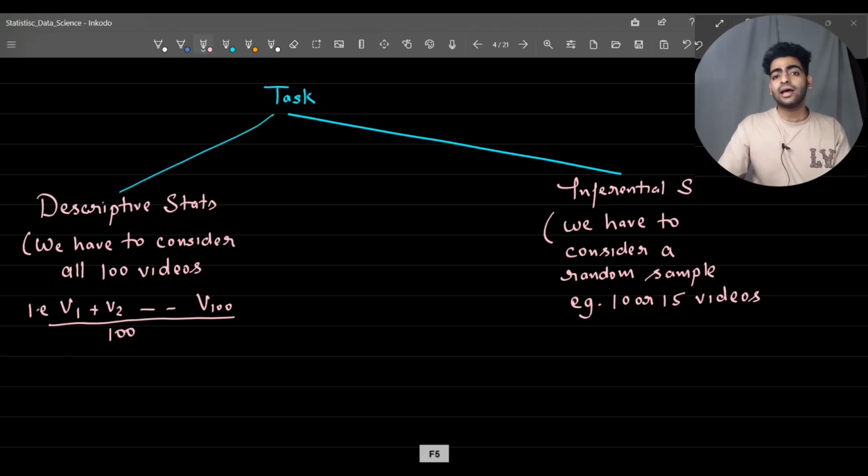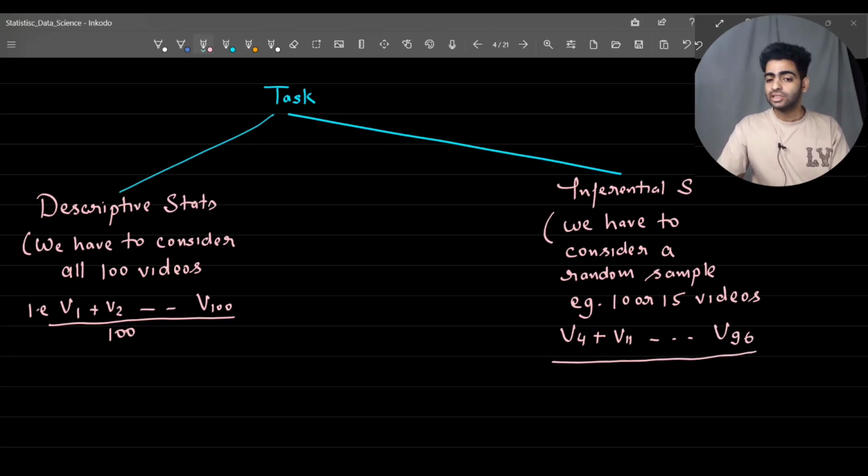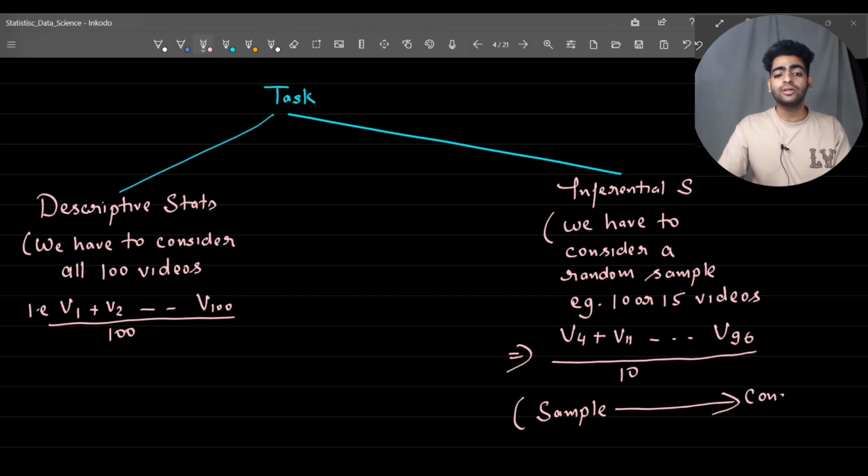So let's say I have 10 randomly extracted videos, V4 and so on. I will divide the sum by 10 so that we get an average value. So using a sample, we are trying to make conclusions for the whole population we have.